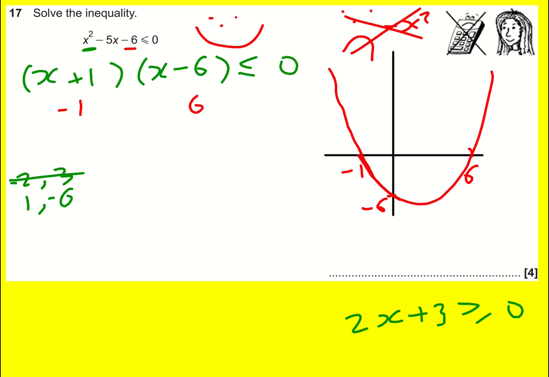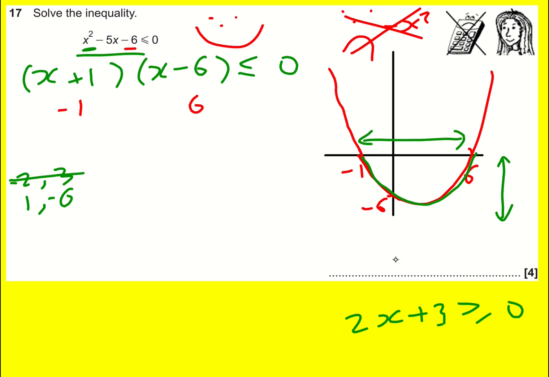I'm going to use a different color through this little bit here. These are my values of the function, and they're less than or equal to 0 throughout the whole thing. So if I want to know the range of x where this is less than or equal to 0, it's going to be these values here.